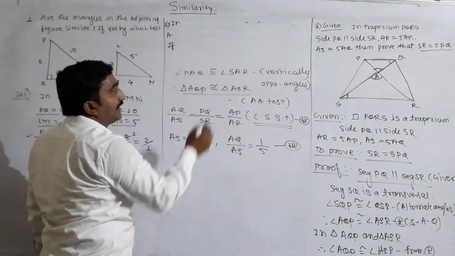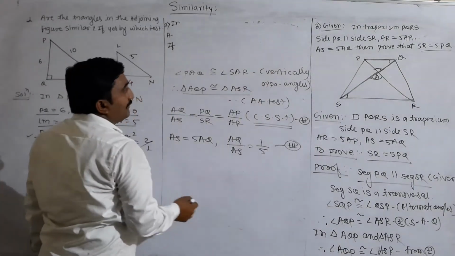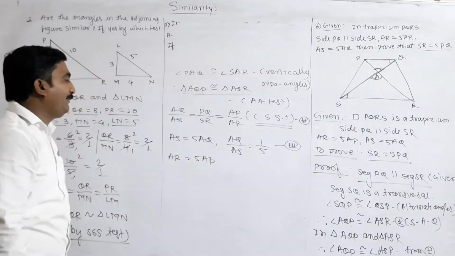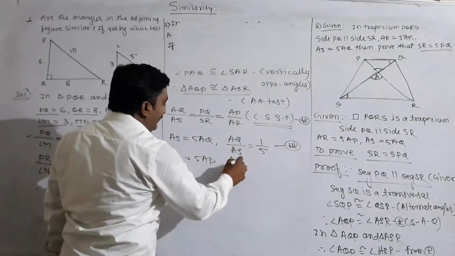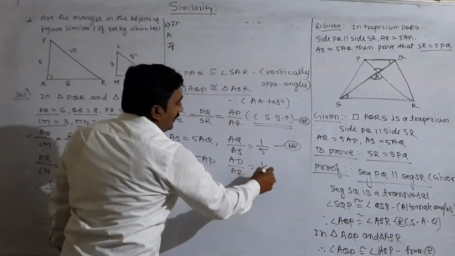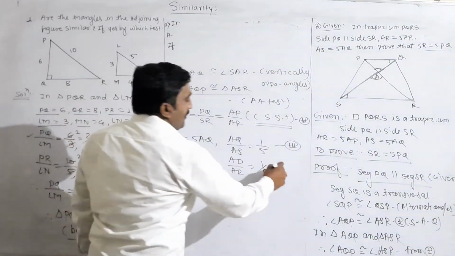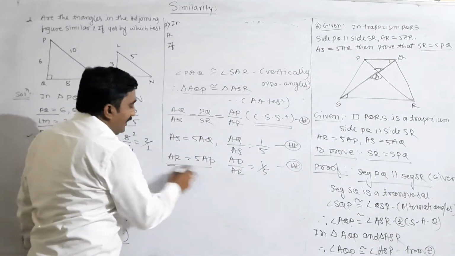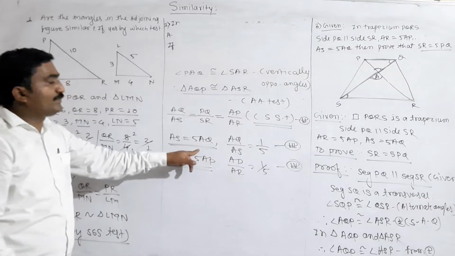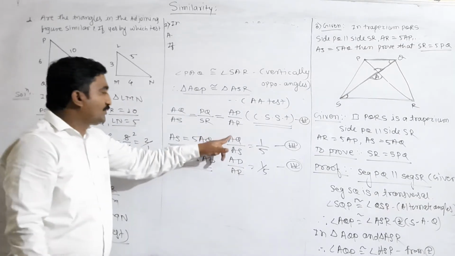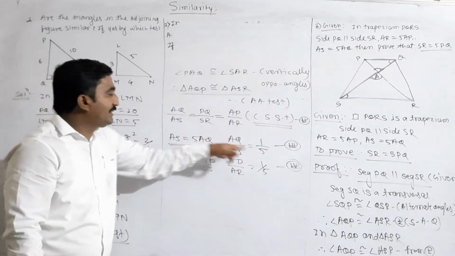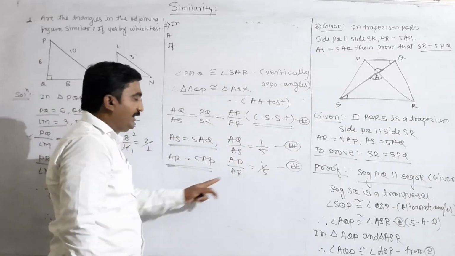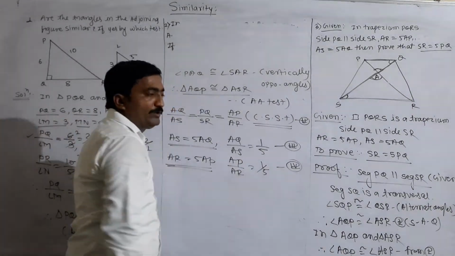Then second, AR is equal to 5 AP. Therefore, AP divided by AR is also equal to 1 by 5. This is equation 4. So AS is equal to 5 AQ gives AQ by AS is 1 by 5, and AR is equal to 5 AP gives AP by AR is 1 by 5.